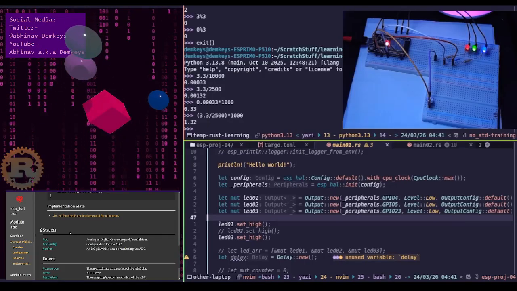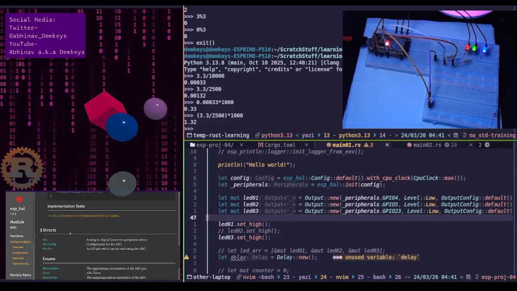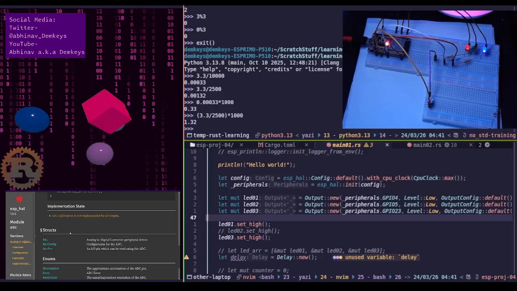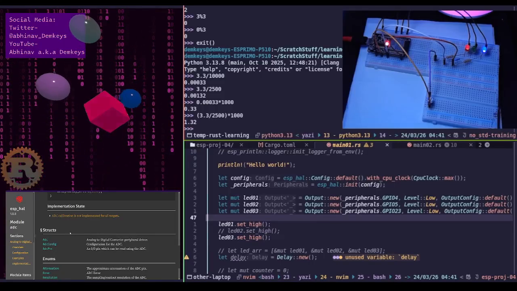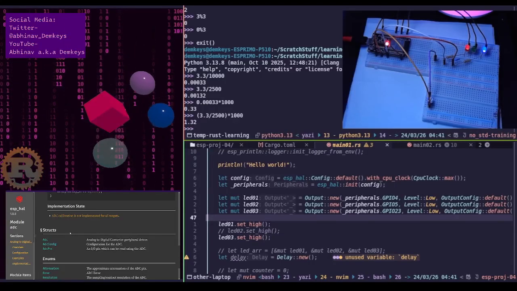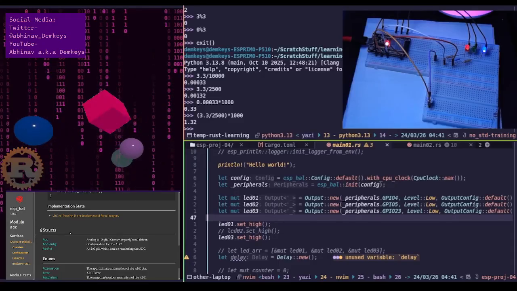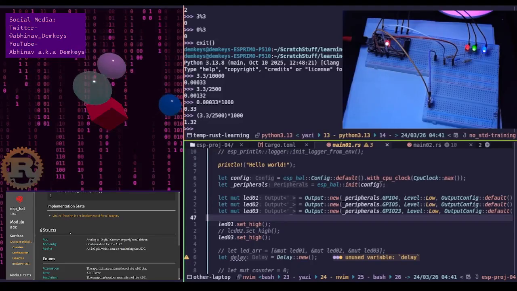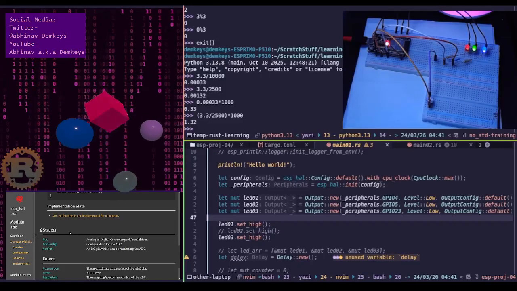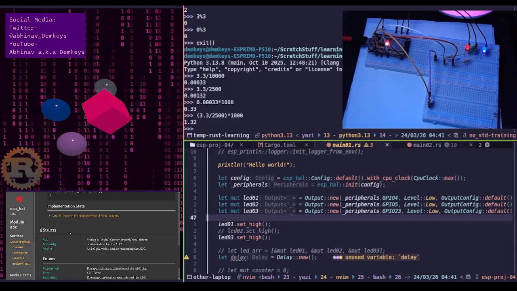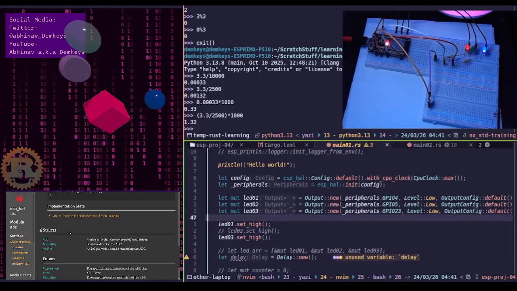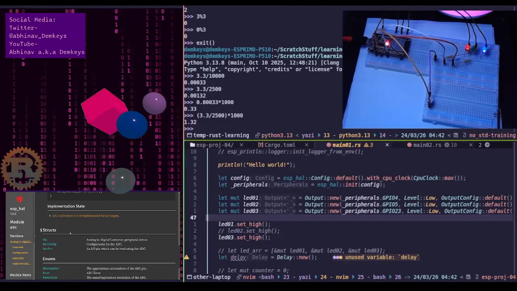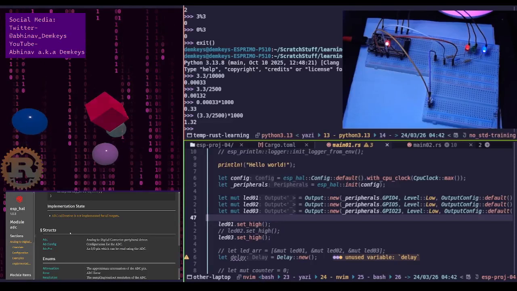Suddenly, the bottom half of your divider has much less resistance than 10K. According to the voltage divider formula, V in multiplied by so and so, if R2 gets smaller, then V out drops significantly. Your 1.65 volts might suddenly sag to 0.5 volts, and your LED won't even turn on.